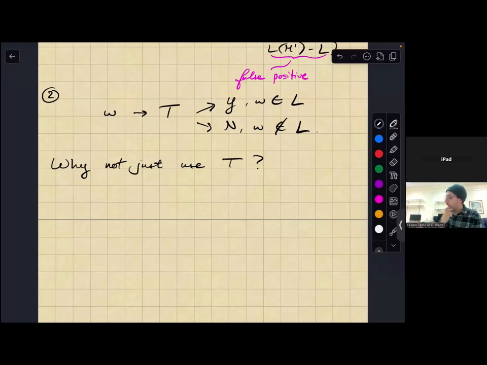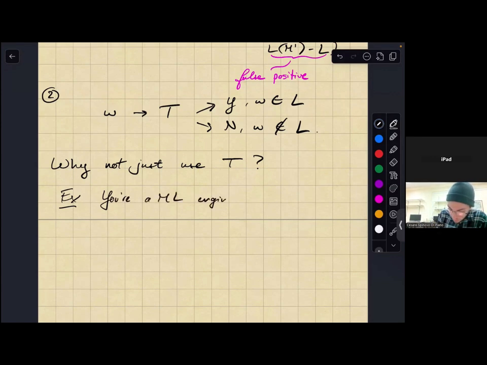Well, I think this is a fairly natural question to ask, and one that even I had at the beginning when I was studying learning automata. But the reason why is, imagine this kind of scenario. For example, imagine you're a machine learning engineer.